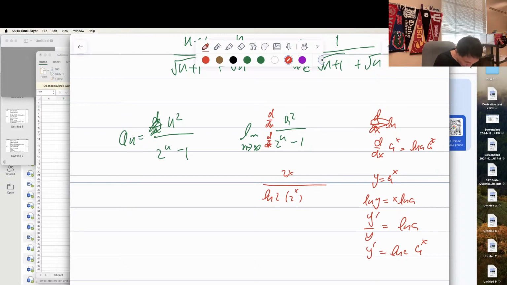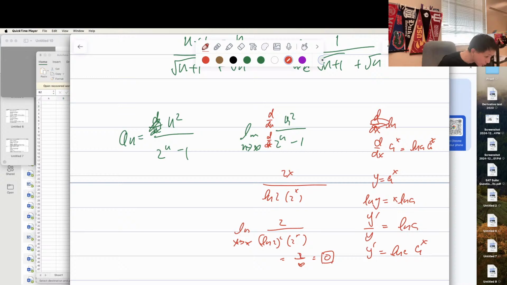If it goes to infinity, you can take a derivative again. So that's going to be 2 over (ln 2) squared times 2 to the x. So the limit as x approaches infinity is 2 over infinity, which is 0.